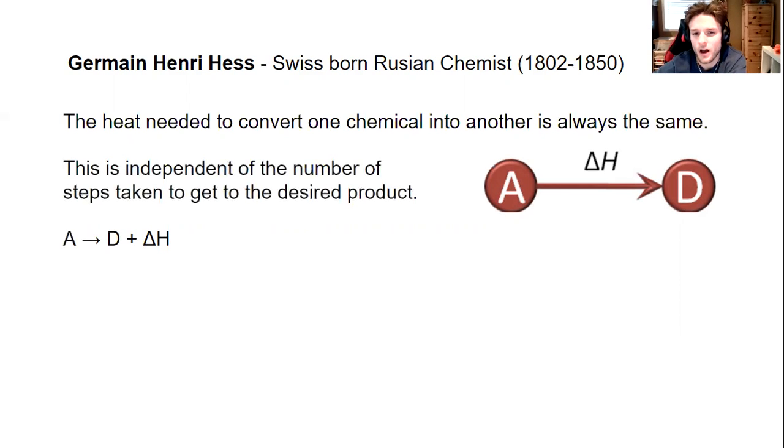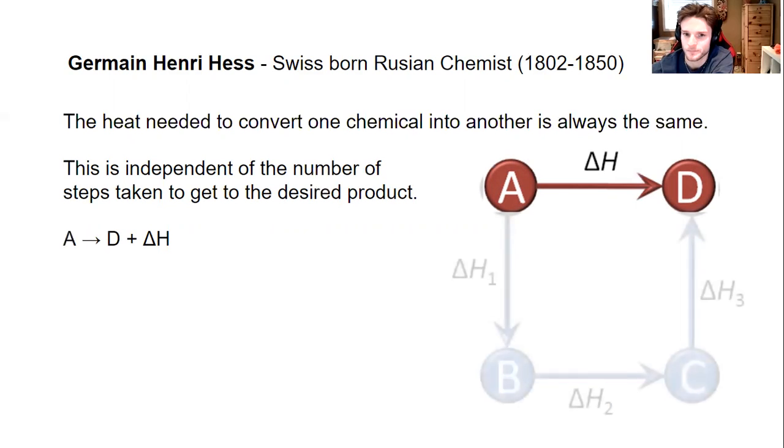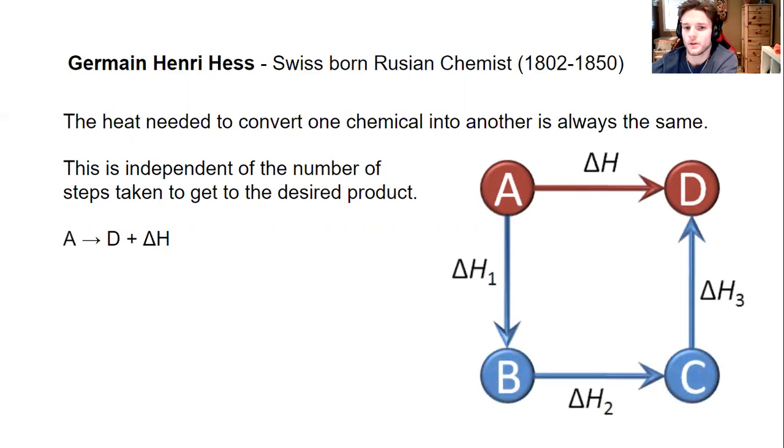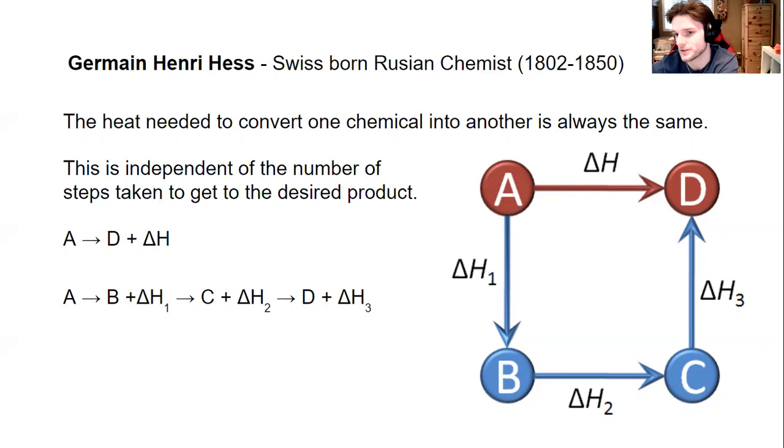Hess's law also says that it's independent of the number of steps taken to get to the desired product. So if we start with A and get to D, it doesn't matter how we got there. If we take the blue path here, we can see that A turns into B plus delta H1, which turns into C plus delta H2, which turns into D plus delta H3.